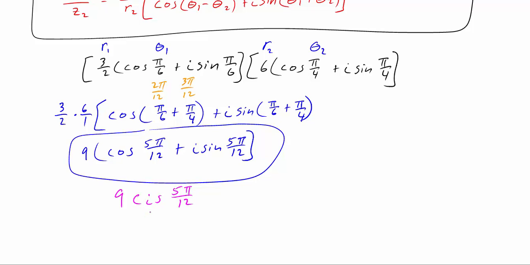So this is a little bit of a shorthand, so you don't have to write this out all the time. This basically means 9 times, where the C is the cosine of 5 pi over 12, and then IS would be the i sine of 5 pi over 12. If you wanted to, you could take the cosine of 5 pi over 12 and the sine of 5 pi over 12, multiply by 9, and get the answer in standard form. But in this case, we're just going to leave the complex number in trig form.